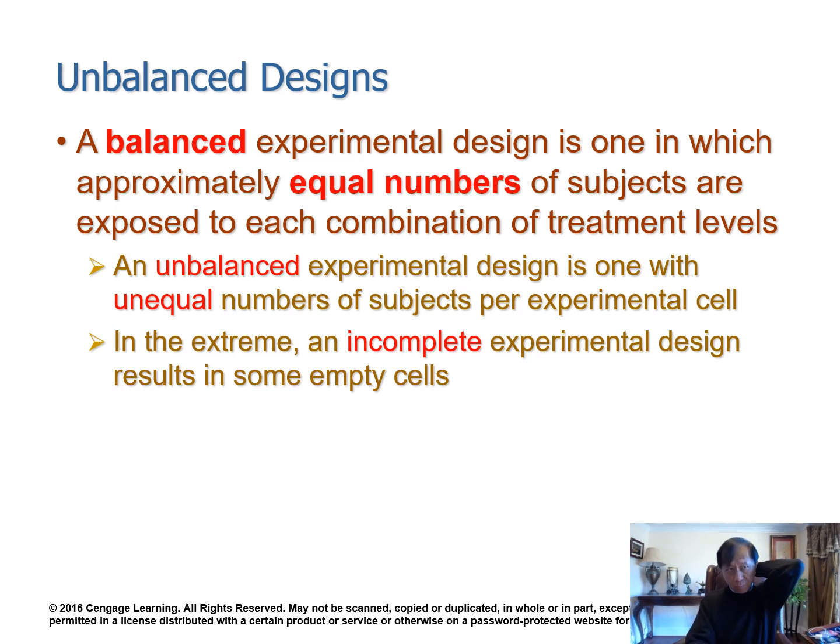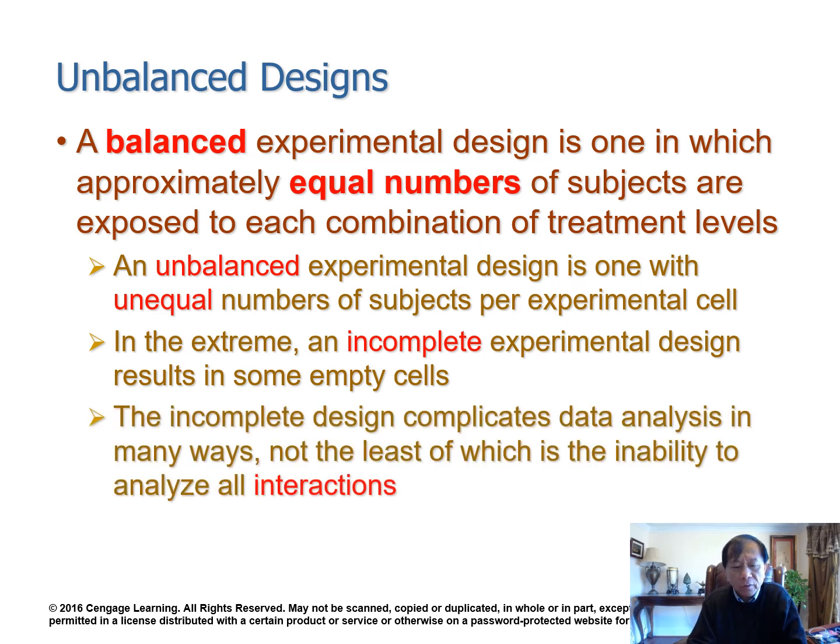In the extreme, an incomplete experimental design results in some empty cells, where no one is put under certain experimental variables. That could happen. The incomplete design complicates data analysis in many ways, not the least of which is the inability to analyze all interactions.